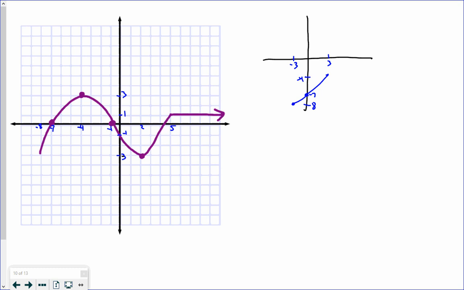Negative 1 comma 0 will become 0 comma negative 1. 0 comma negative 1 will become negative 1 comma 0. 2 comma negative 3 will become negative 3 comma 2. 5 comma 1 will become 1 comma 5. And then it just stays at that one.